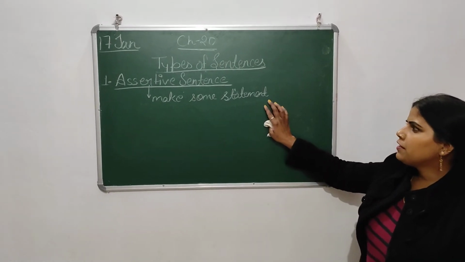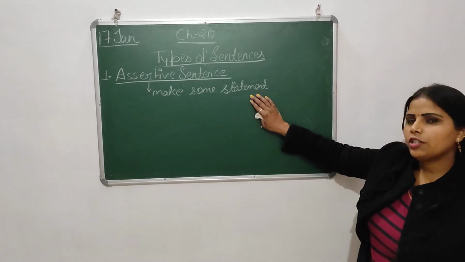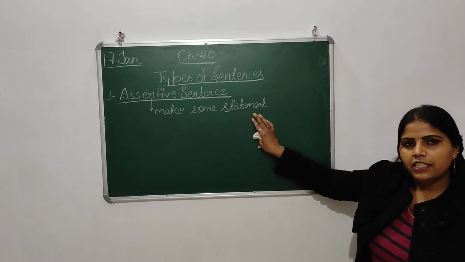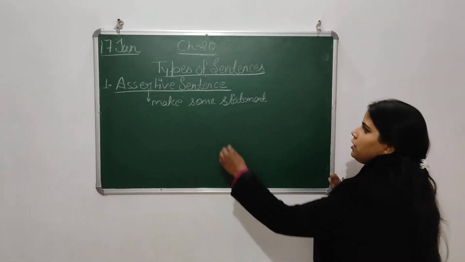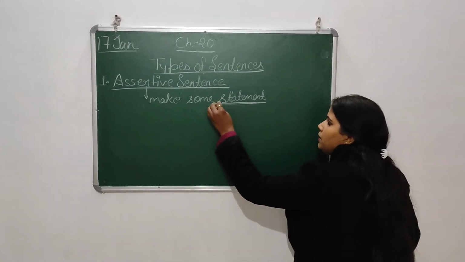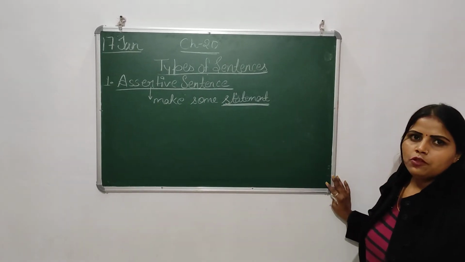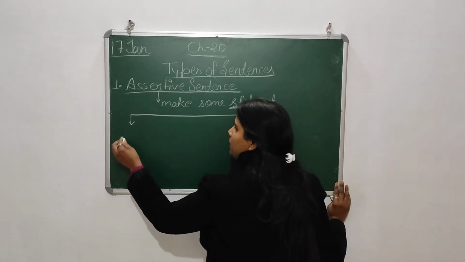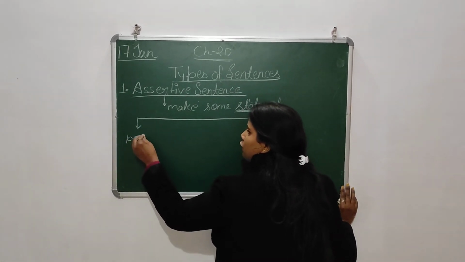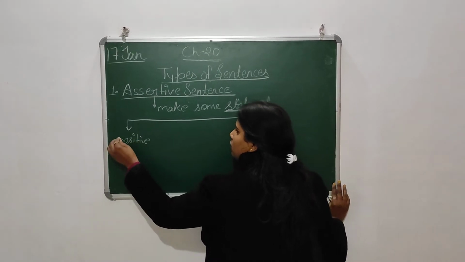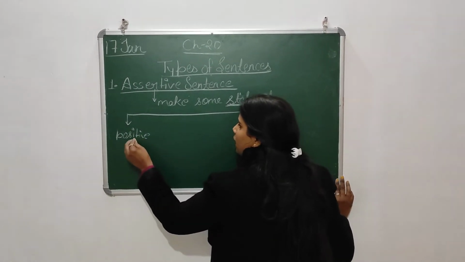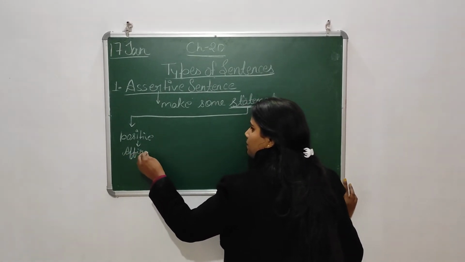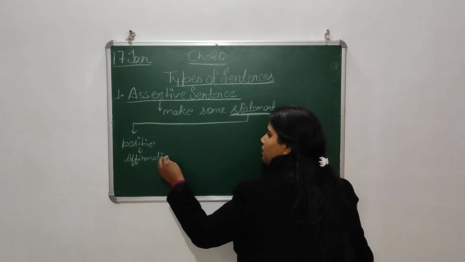So in this type of sentence there is always a kind of statement or declaration, and this sentence always starts with a capital letter and ends with a full stop. Okay, a statement can be in positive form or in negative form. If the given statement is in positive form, this kind of statement is known as affirmative.